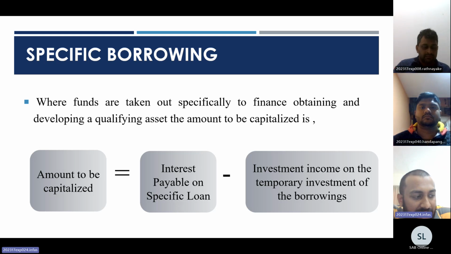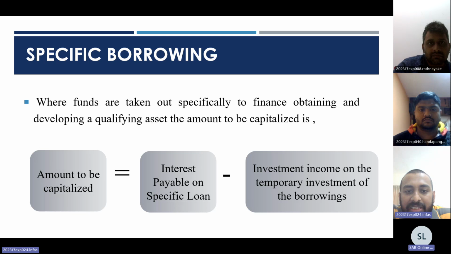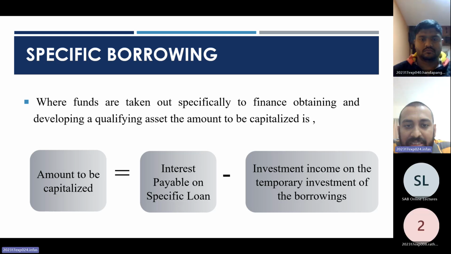If they invest that money in some temporary investment, they will receive interest income from that investment. Then they should deduct that investment income from the interest expense, and the balance amount should be capitalized as a cost of the asset.